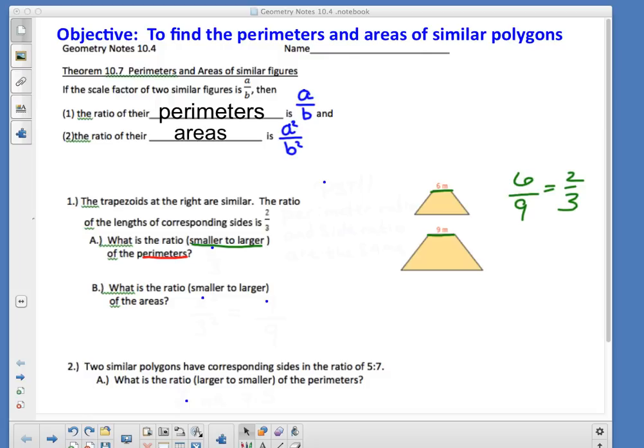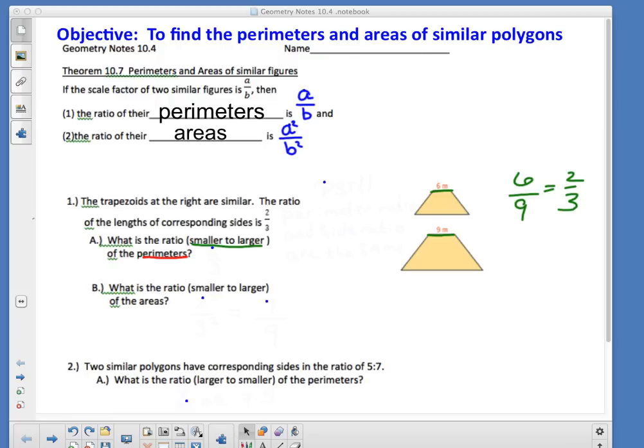When we are looking at 10-7, perimeters and areas of similar figures, if the scale factor of two similar figures is A to B, not just the scale factor, but the perimeter ratio, we can pull back and say the ratio of their perimeters is A to B, and the ratio of their areas is A squared to B squared. Weird, right?